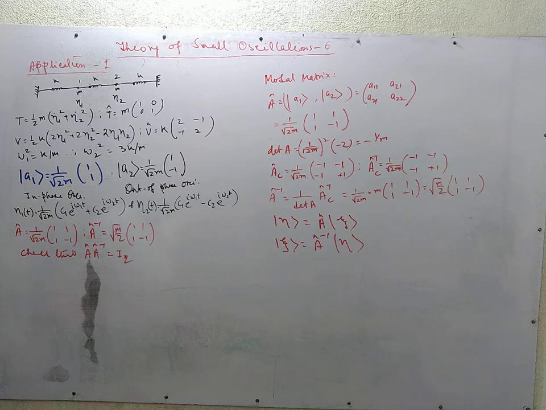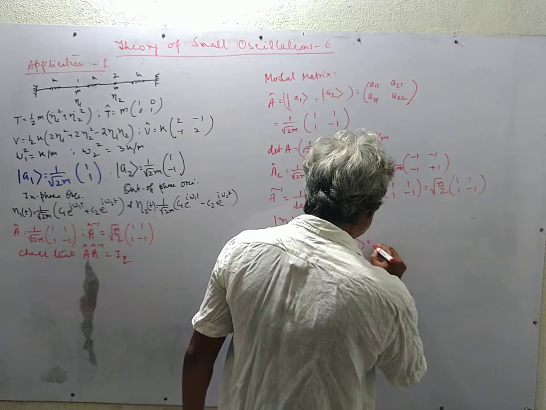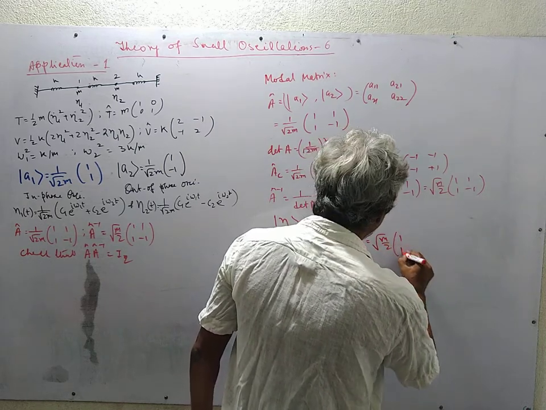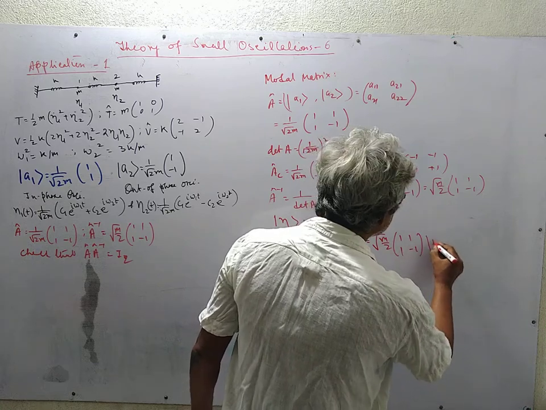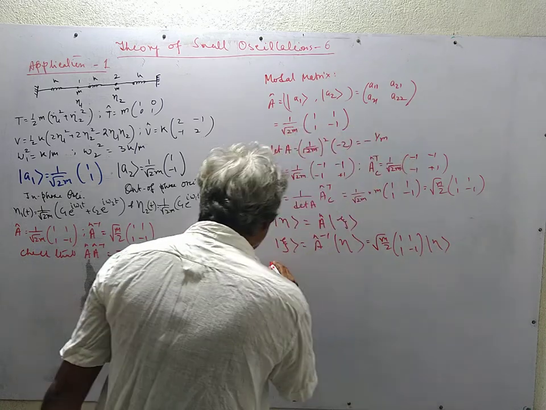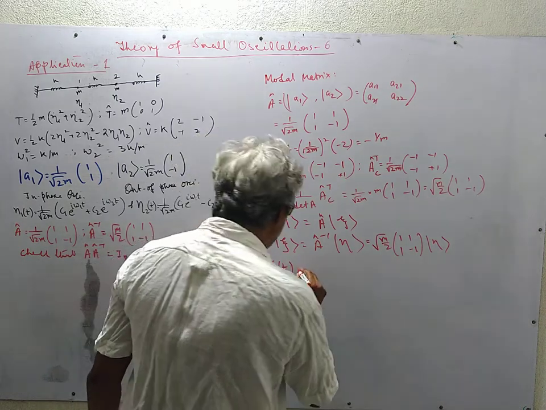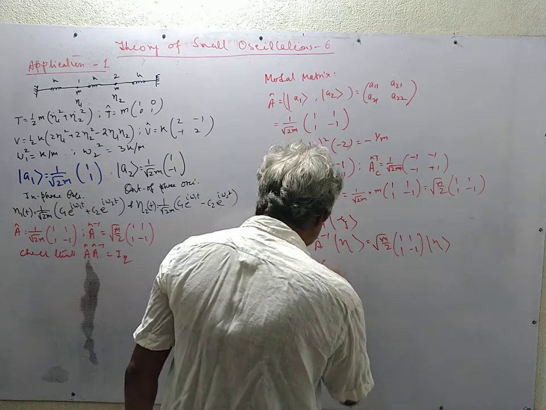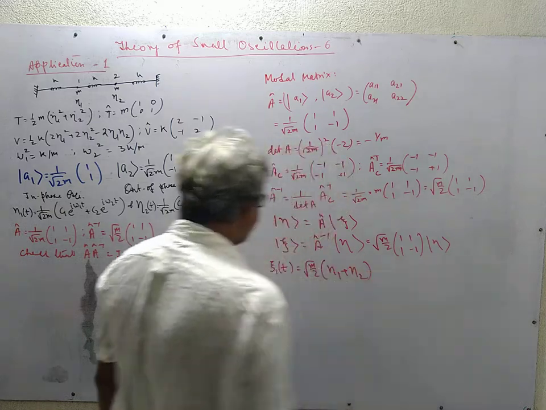So we have A inverse as 1 1 1 minus 1, and this is eta. So xi 1 of t is equal to m by 2 times eta 1 plus eta 2.